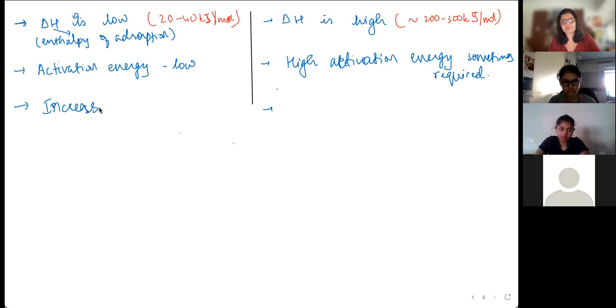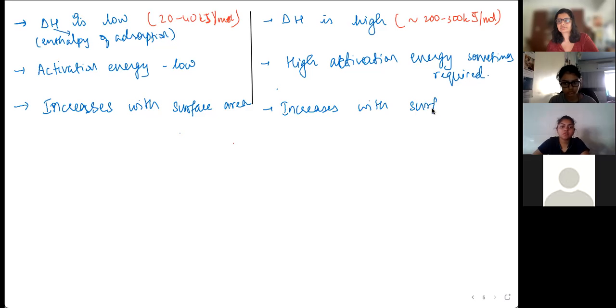This is a point of similarity, it's not a difference. When I say surface area, it is the surface area that is available for adsorption. This is natural because both of them are surface phenomena. So if more surface is available, there will be more adsorption. Simple.